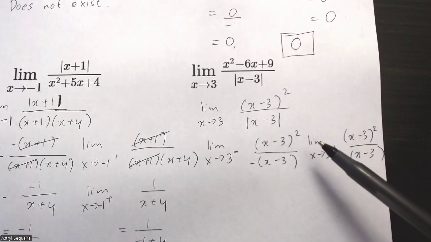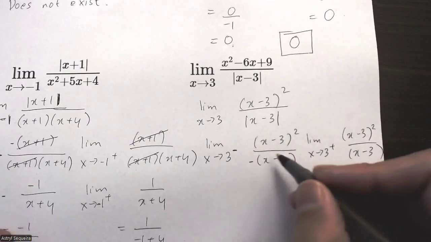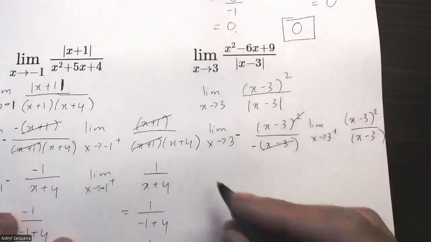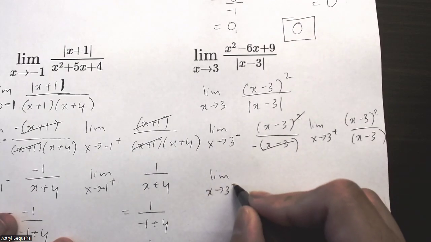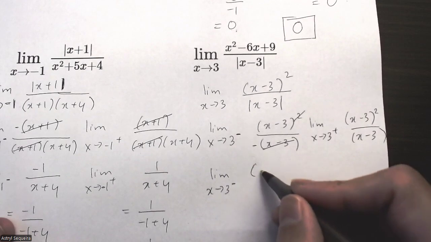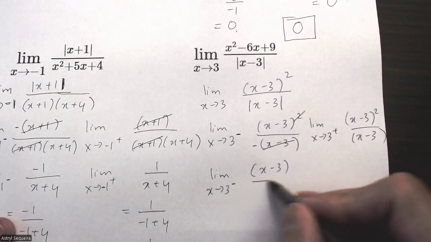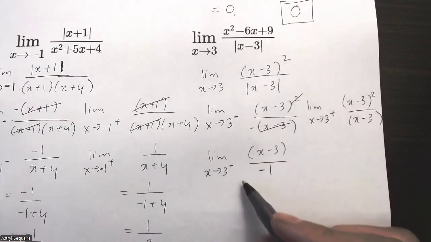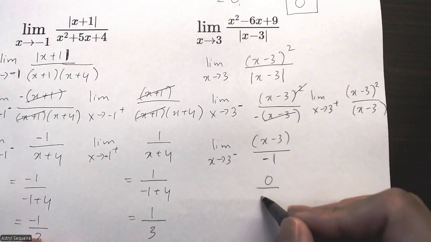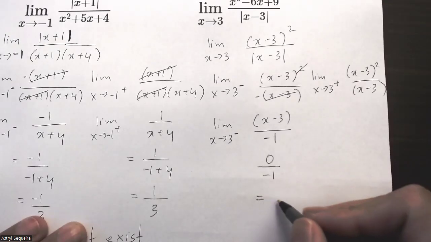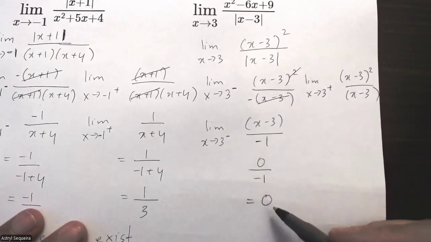So now what I can do is I can simplify. I can cancel the x minus 3 in the square. So over here, I'm left with lim x approaches 3 from the negative side, x minus 3 over -1. Can sub in my limit into this. 3 minus 3 is just a 0 over -1. 0 divided by -1 is 0.